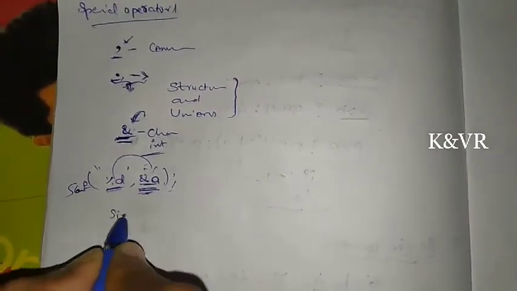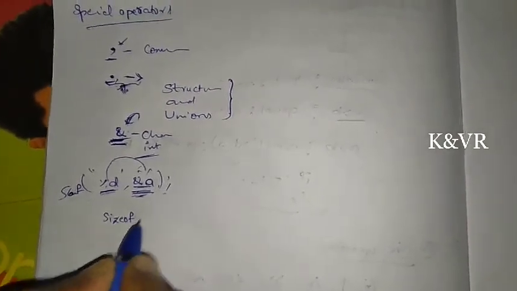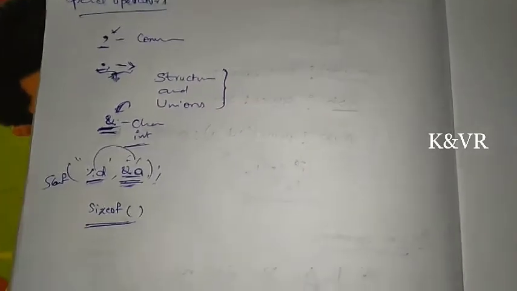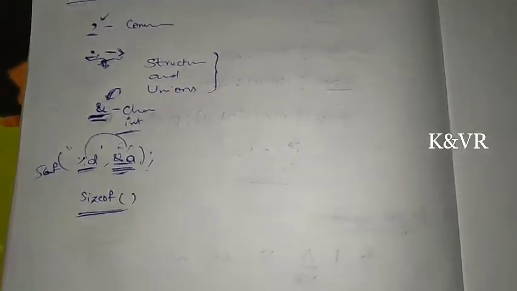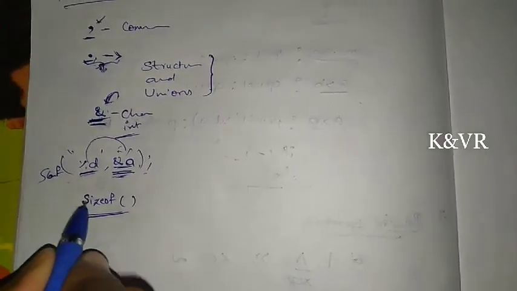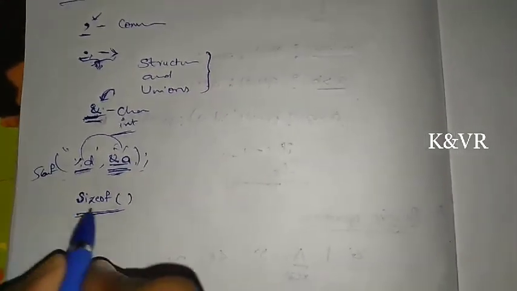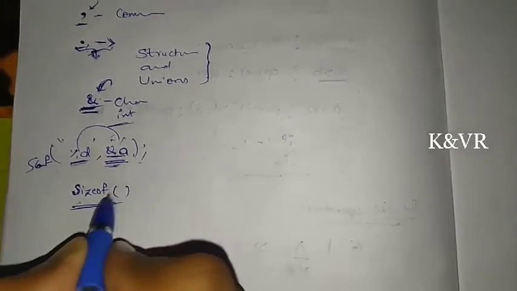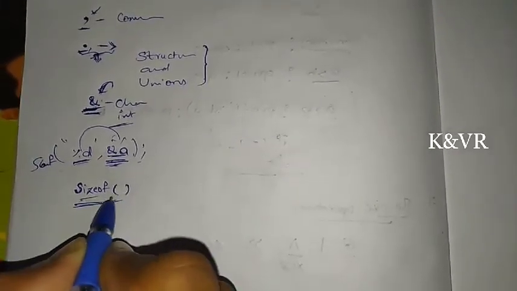And we have the sizeof operator. Sizeof is an operator, not a function, and the reason I'll explain later in another video, why we call sizeof an operator, not just a function. Suppose I am declaring integer a.